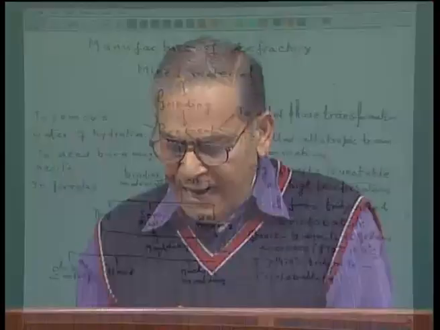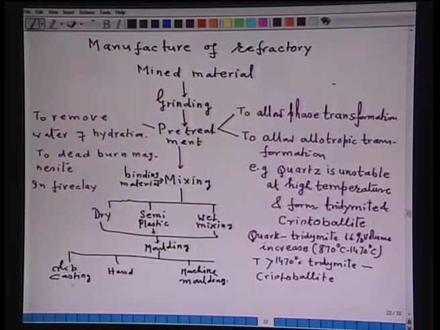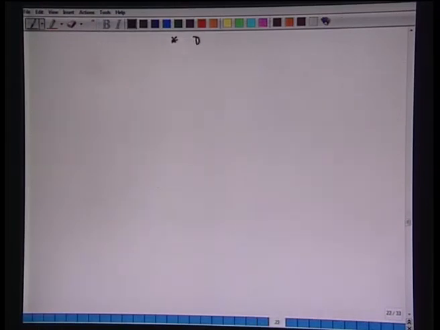So, the product from all these, whether slip casting, hand or machine molding, is subjected to drying, and that I am taking after molding. The material from here is subjected to drying, atmosphere drying or mechanical drying, anything which is available, and then firing.